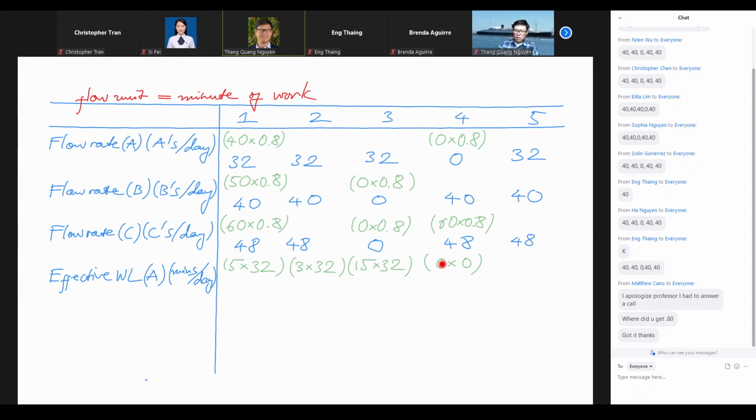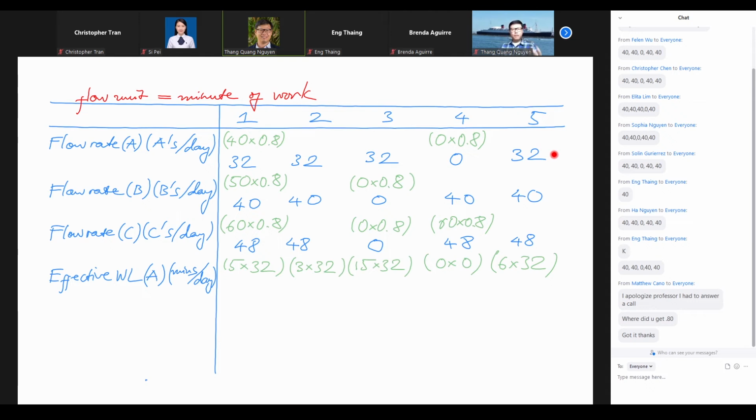And then because there's no ice cream going through, the second 0 is coming from that. Okay, so that's why it's 0 times 0. And then the next one, we have 6 minutes times 32. If you just look at the processing time in the technology part of the restaurant, you see that it takes 6 minutes per ice cream. So we multiply that with the 32 ice cream that we have here.